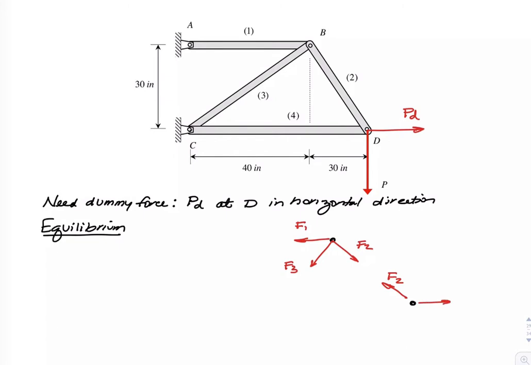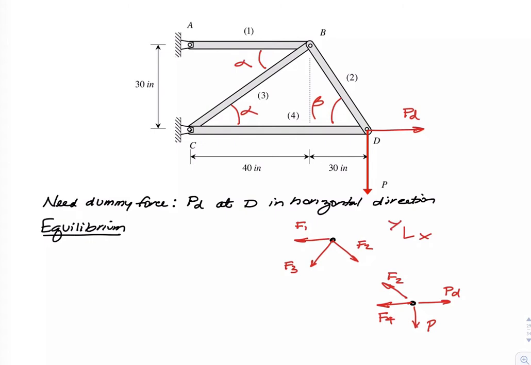We have the dummy force PD, we have the applied force P, and then we have the member force F4. I'll call this alpha and beta here. I'm going to make X positive to the right, Y positive up.